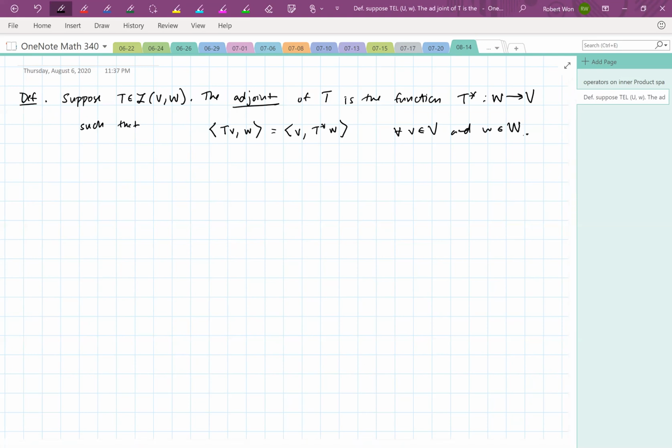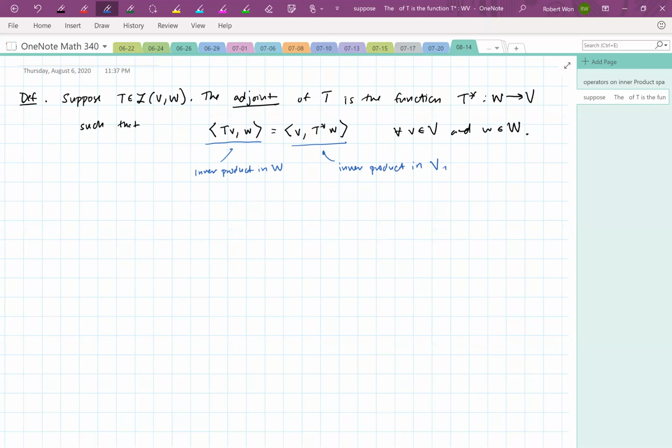So just as I said, this is the inner product in W, right? Because those vectors are both in W. This is the inner product in V. So it seems like I haven't really defined what the function T star does. In fact, it's not even clear that such a function exists.